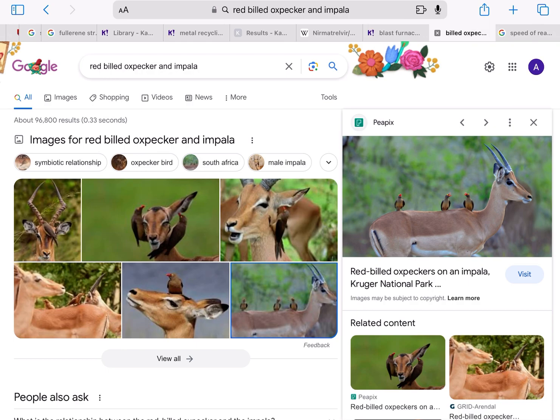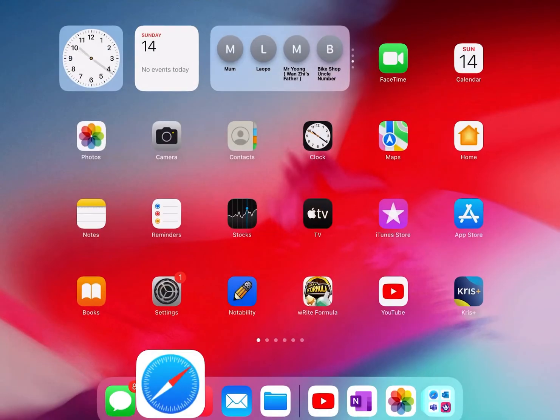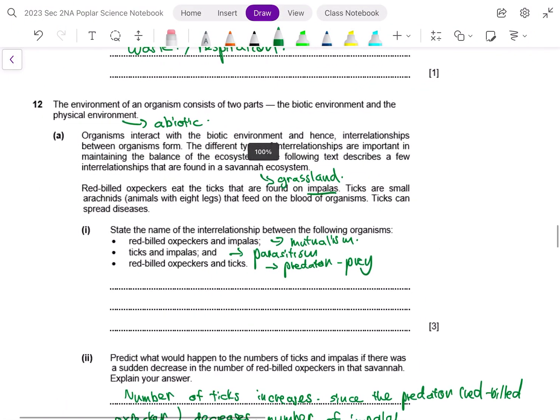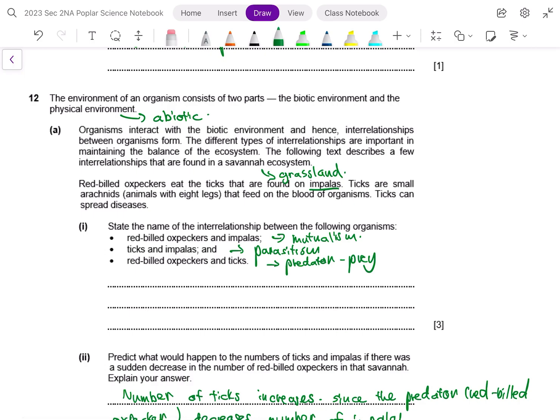So this is a mutual kind of relationship, whereas the tick is like a parasite for the impalas. So red-billed oxpecker and impala is mutualism. Why is it so? Because this one gets food, the tick is the food.